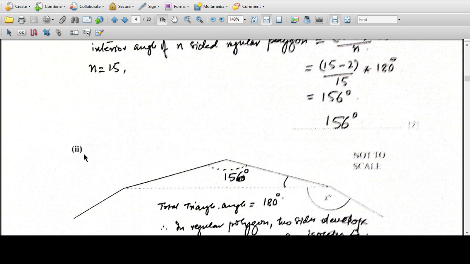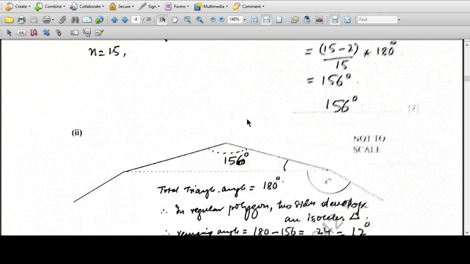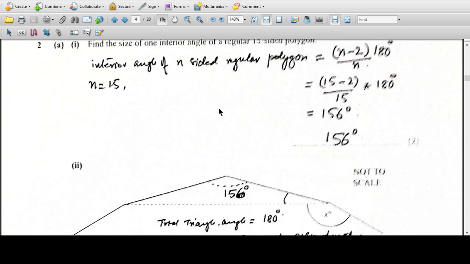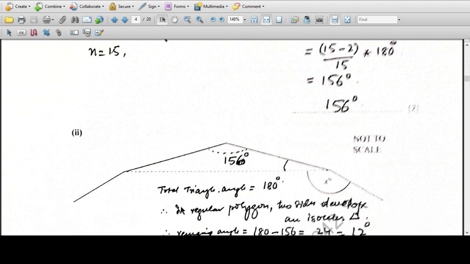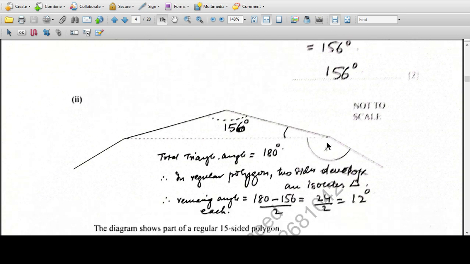Now in part 2, we have been given this 15-sided polygon, and we have calculated the interior angle, which is 156 here. So this is 156, and we have to calculate this angle x.